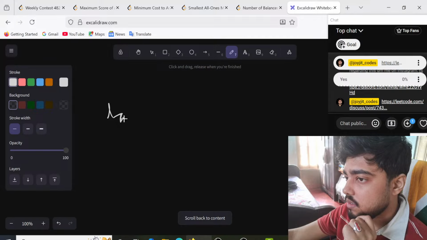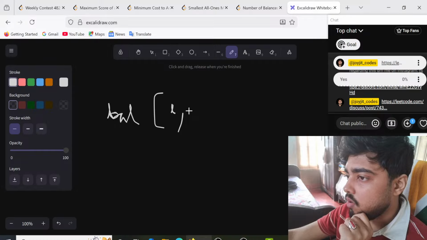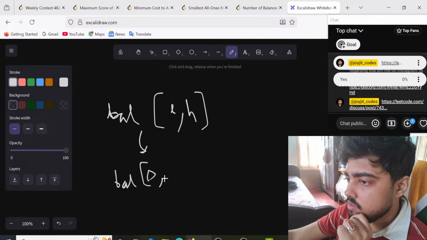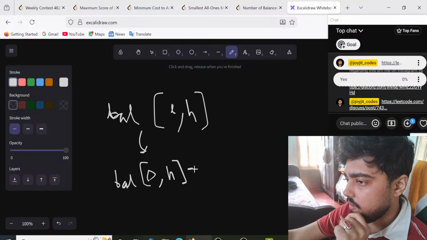Since you have to find balanced in the range of low comma high, this is basically nothing but balanced of 0 comma high minus balanced of 0 comma low minus 1, right?